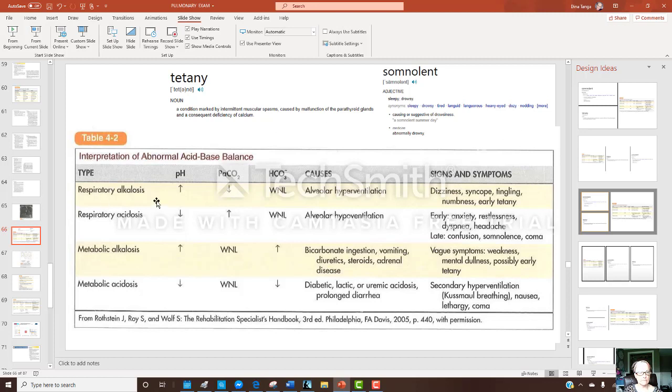So with respiratory alkalosis, signs and symptoms are dizziness, syncope, tingling, numbness, and early tetany. So intermittent muscle spasms caused by a malfunction of the parathyroid glands and a consequent deficiency of calcium.